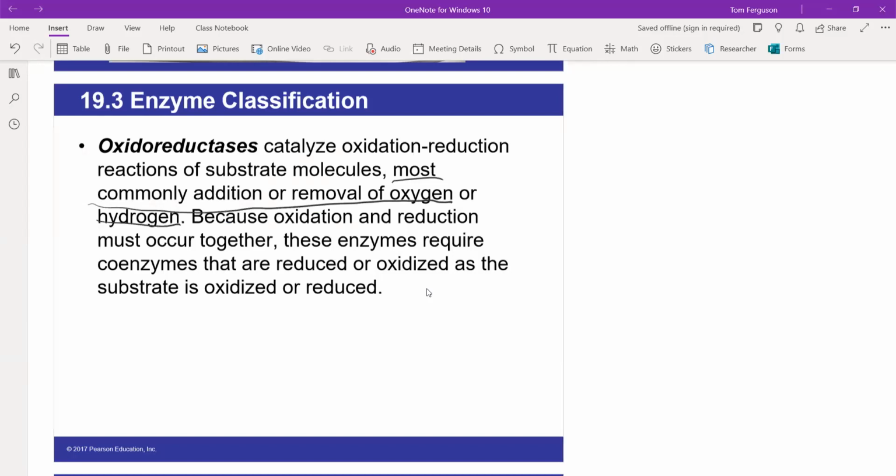Okay, in biochemistry, we don't usually talk about the transfer of electrons as we do in inorganic chemistry. We talk about the transfer of hydrogen and oxygen instead.